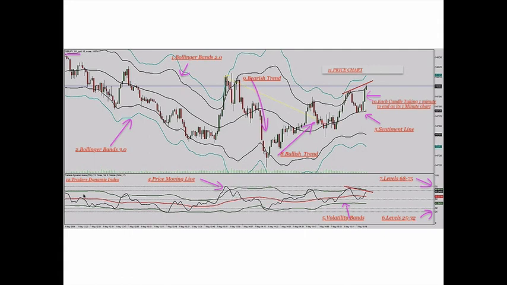As this goes up, comes down, you can see here it goes up, comes down. So this is just a mirror image of the price on this bar, which is called the traders dynamic index.